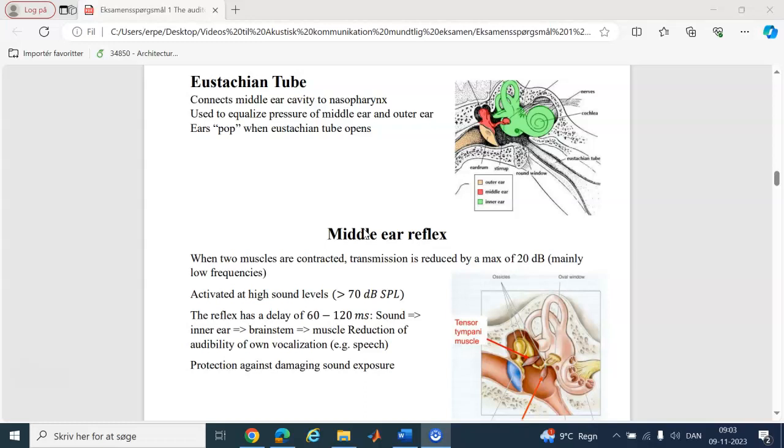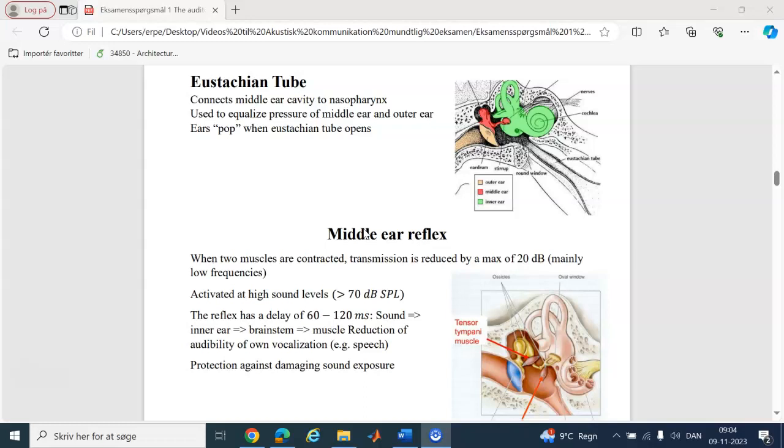But there is a delay because the signal goes to the brain and then back. So there's a transport time, you can say. Down, up, and up, down. So there is a delay of maybe 100 milliseconds.